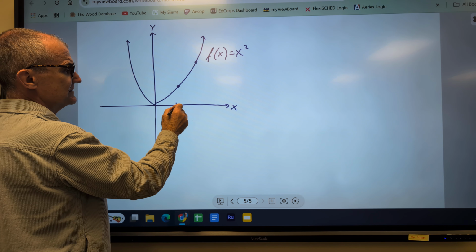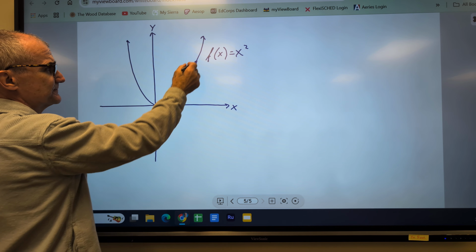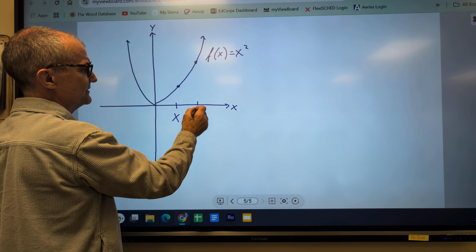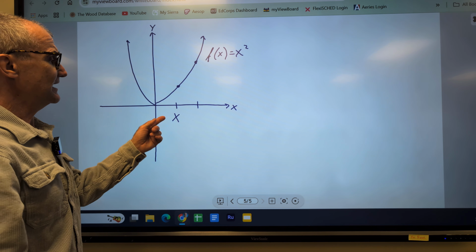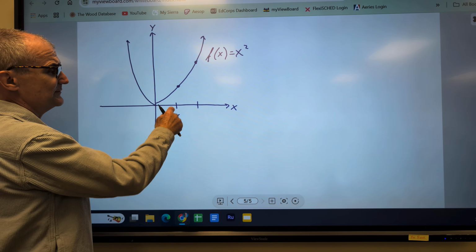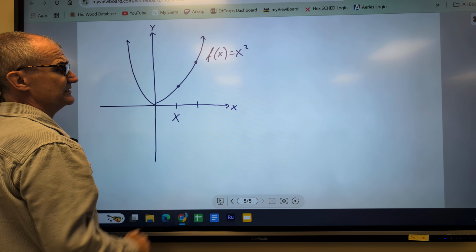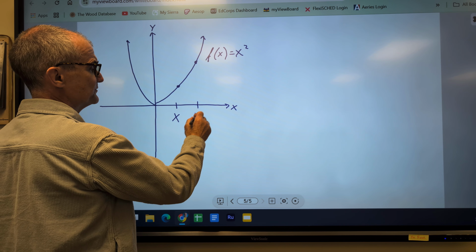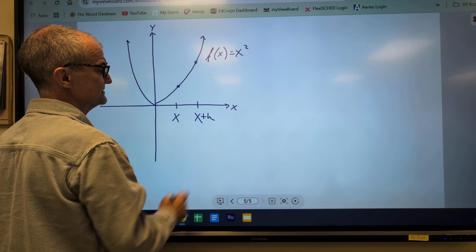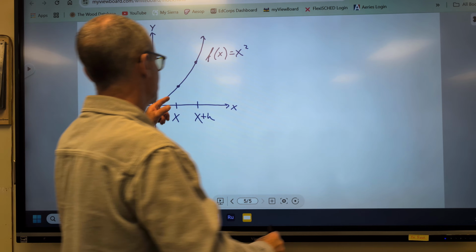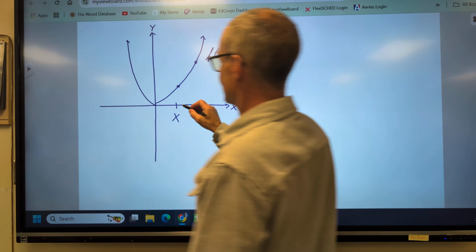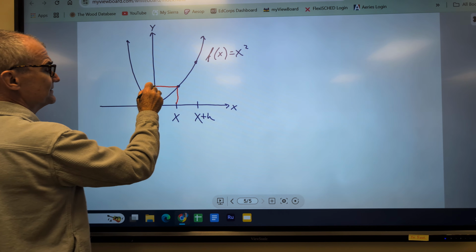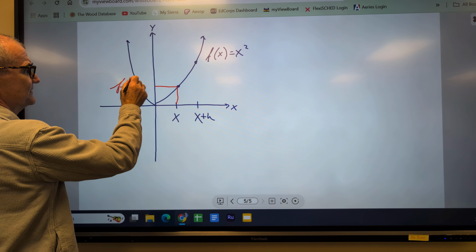So I could draw this line of tangency and approximate the slope between here and here. I could just call this some point x. And this point right here could be some other point, x plus delta x, x plus the change in x. I'm actually just going to call this length here h and say this point is x plus h. The corresponding y value of x would be f of x.